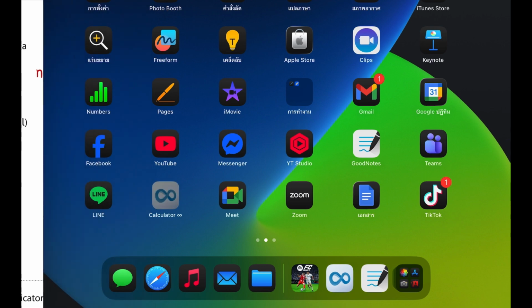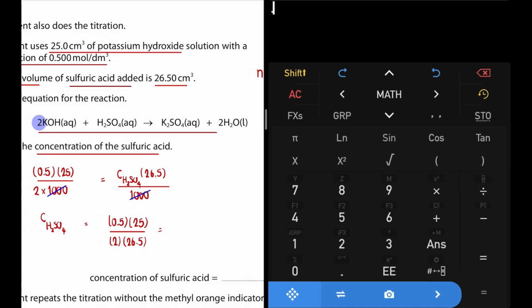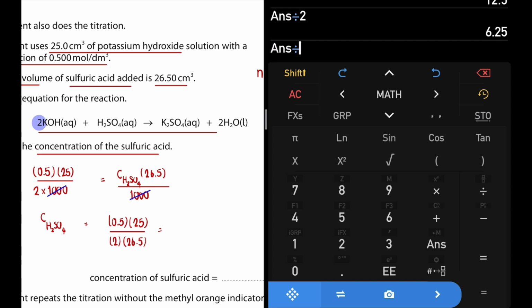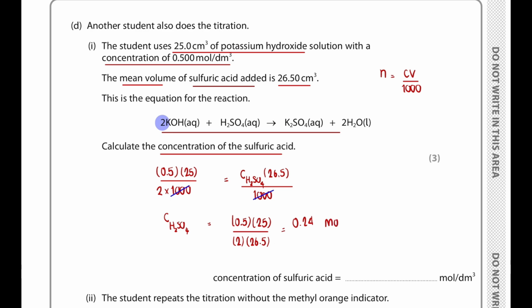So it will be 0.5 times 25 divided by 2 and then divided by 26.5, which is equal to 0.24 mole per liter.